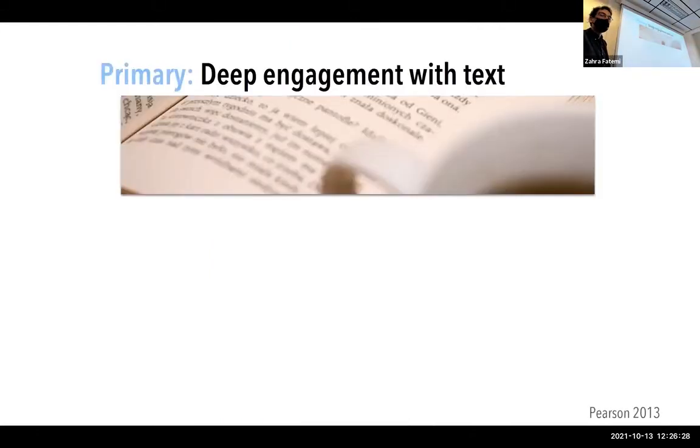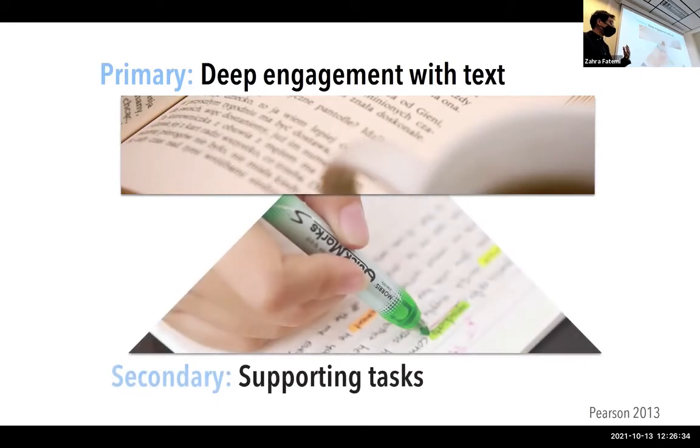So with active reading of text, you have a primary task that is to deeply engage with the text. And this primary task is supported by a number of secondary tasks that are techniques that you can learn, that you can apply. For example, highlighting, or taking notes, or viewing the document in a different way. So these are active reading techniques that you apply.